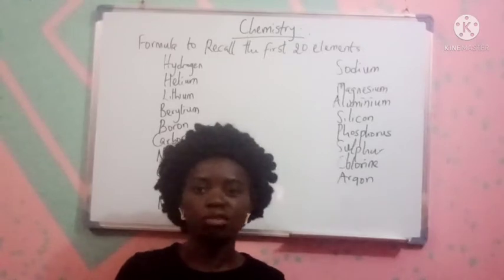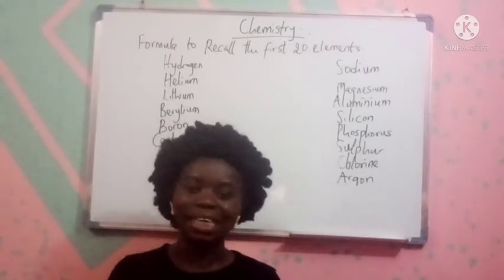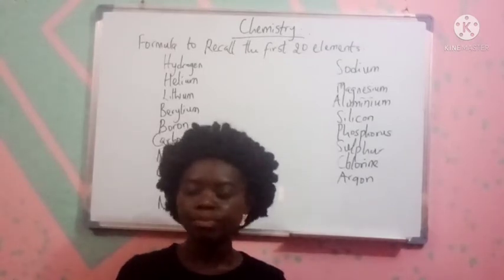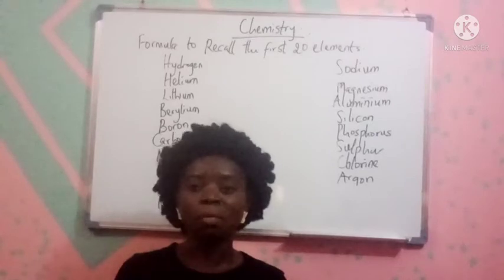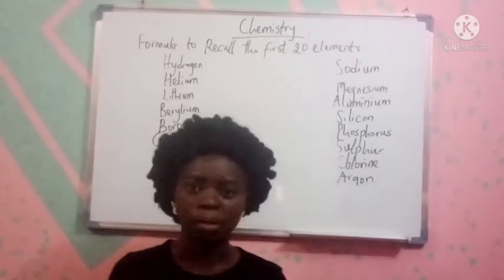We're going to go into knowing the mass number of a particular element and the atomic number of that element. I'm going to be writing the atomic number, and then the mass number.